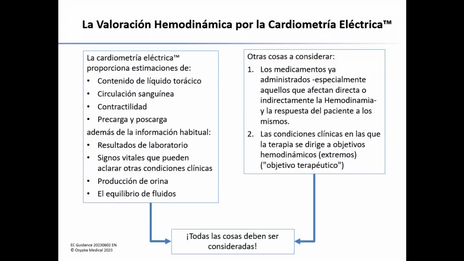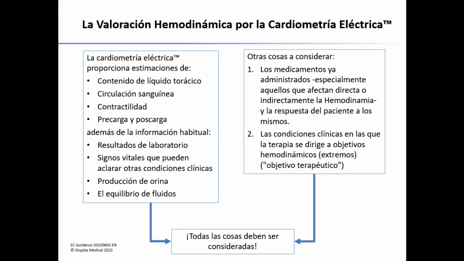First of all, very important, electrocardiometry measures thoracic fluid content, the blood within the circulation, contractility, pre-load and after load. But in addition to that, we ask for laboratory measurements, for any other vital signs, for urine output, and any other fluid levels.